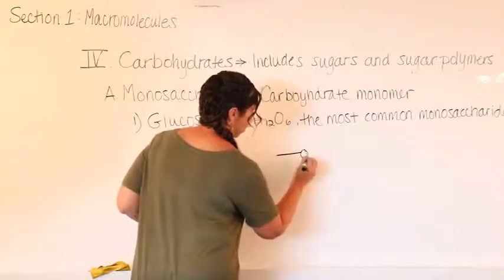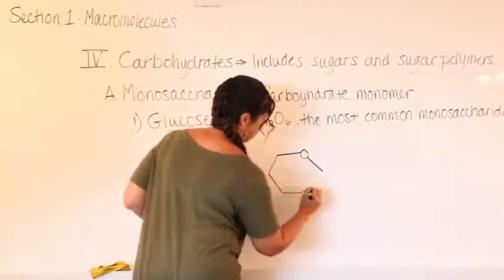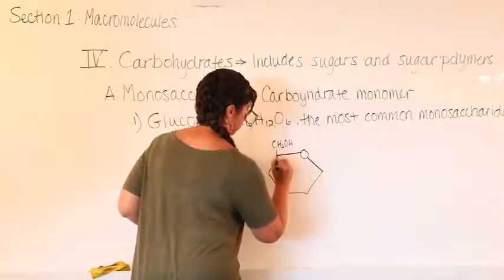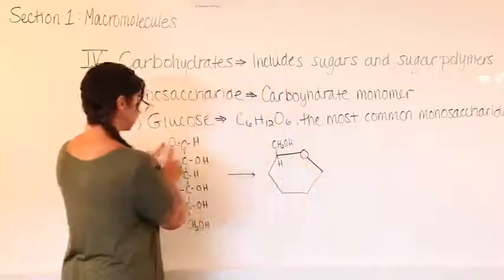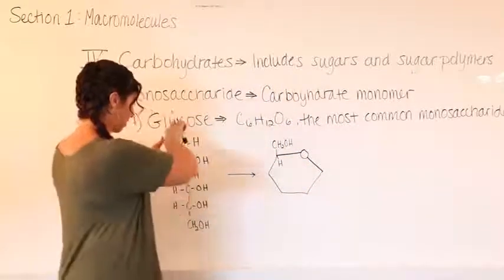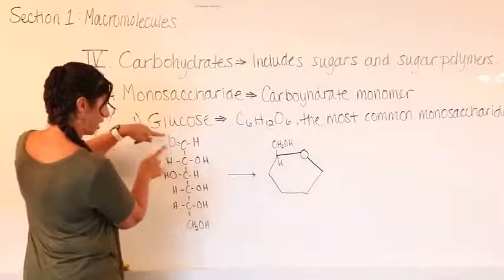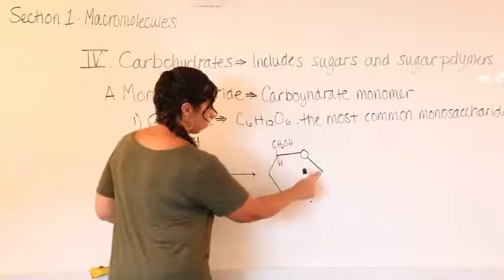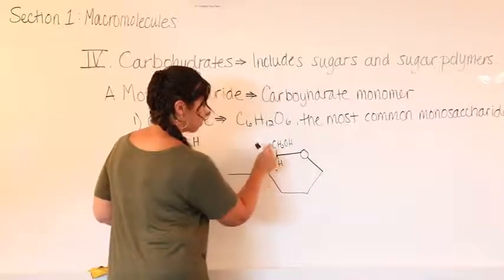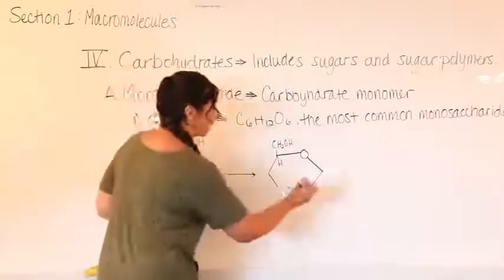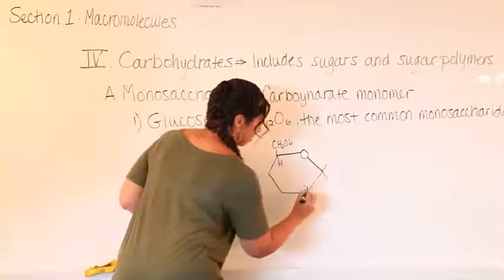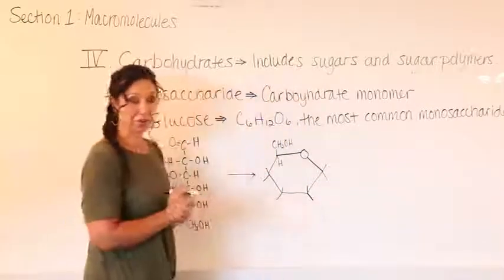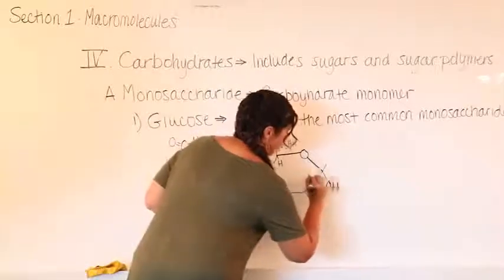So this oxygen is this double bond oxygen right here. What happens is these carbons just chain up right at that double bond O. So you have 1, 2, 3, 4, 5, 6 carbons in this ring. And of course you have all your functional groups on there as well. So for glucose, you've got your OH groups.